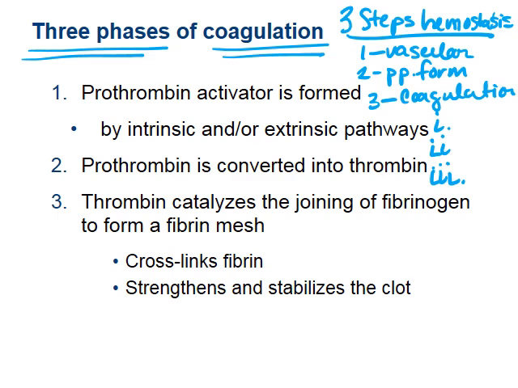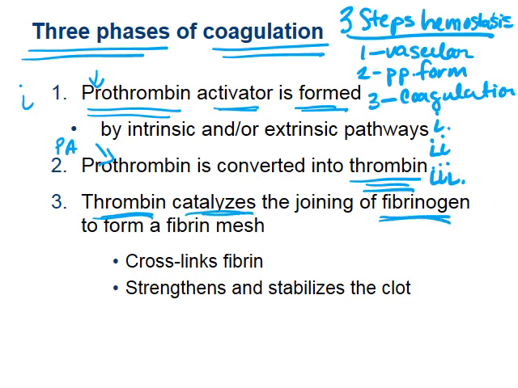I just use the lowercase i's, right? The first thing that's going to happen is prothrombin activator is going to be formed. And what is prothrombin activator going to do? Prothrombin activator is going to turn prothrombin into thrombin. Then thrombin is going to catalyze fibrinogen to form a fibrin mesh, which causes cross-linking and stabilizes the clot.